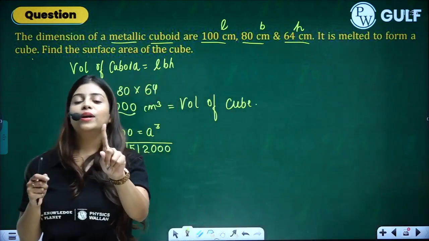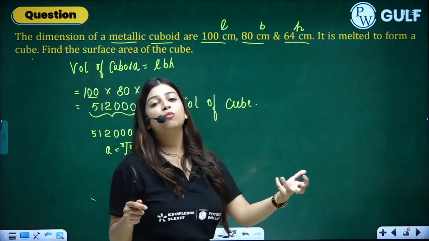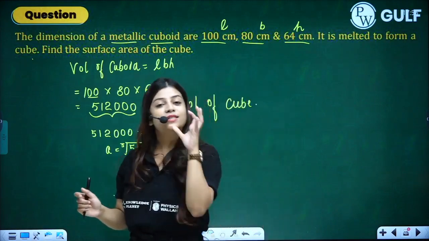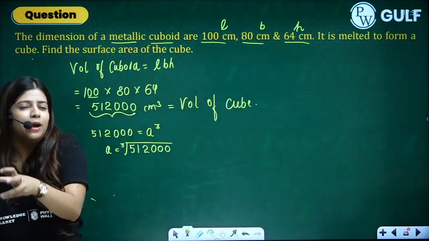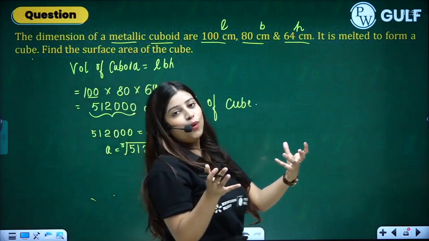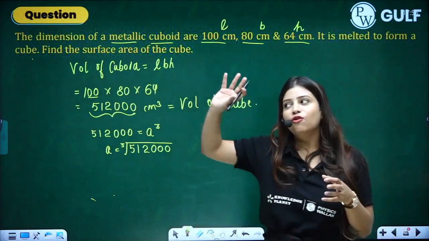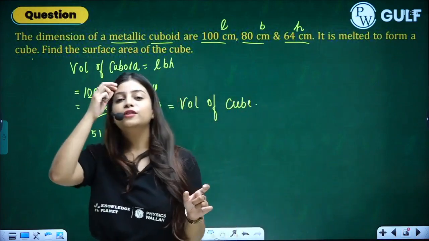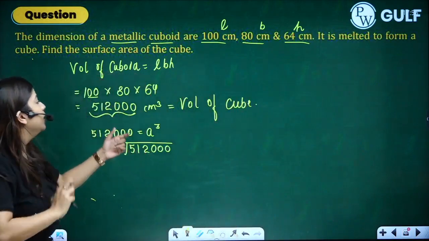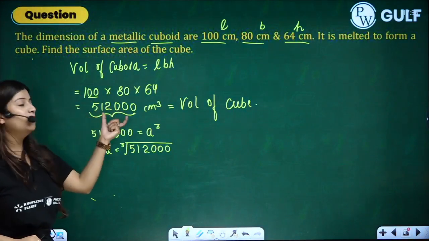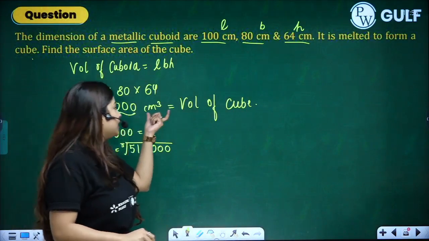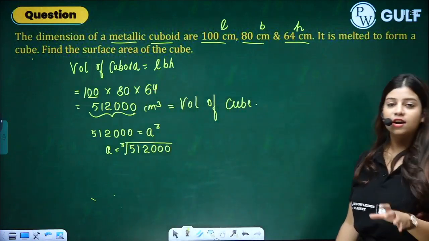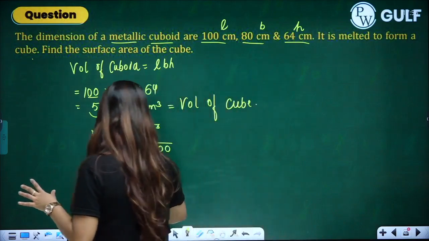But one thing is related, that this cube, which is formed from the cuboid, has the same volume, because the same metal is reshaped, melted and recasted into a cube. Now what do you know? That the volume of the previous cuboid is equivalent to the volume of the cube which is just made. I hope the things are clear till here.